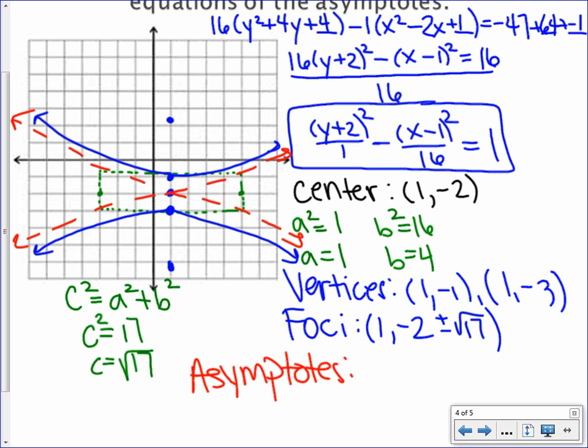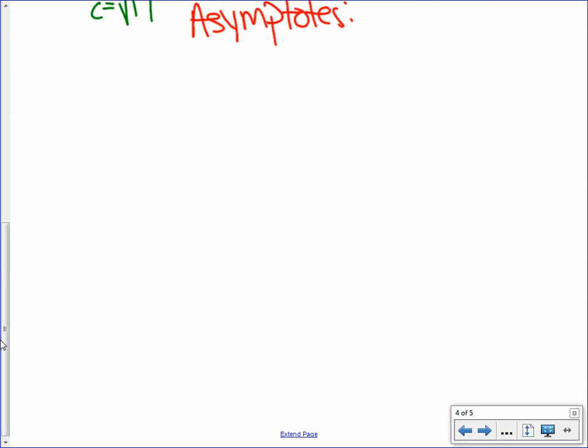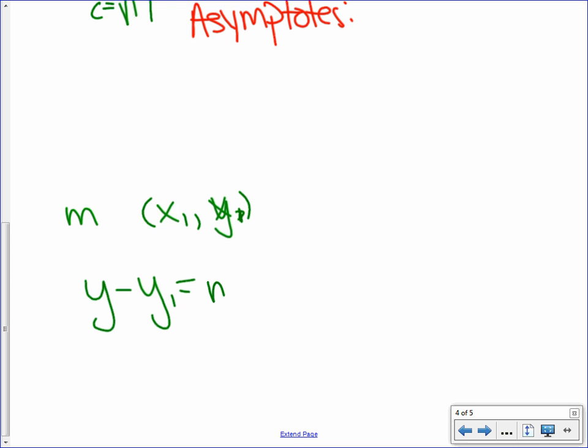Now we have to write the equations of these asymptotes. I would like to remind you about point slope form. Does anybody remember what point slope form is? If we have a slope and we know a point on the line, then we can write y minus the y value equals slope times x minus the x value.